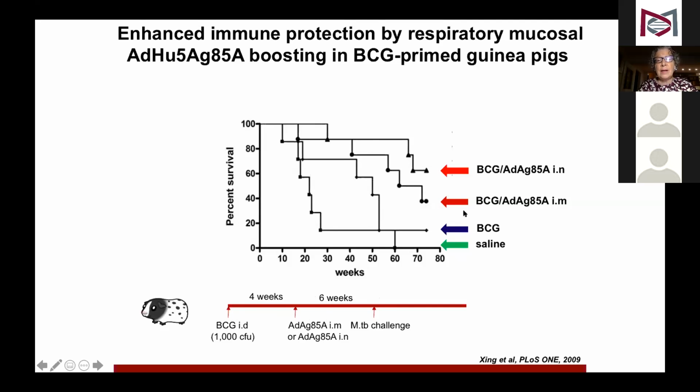So here we're looking at an efficacy model with challenge with Mycobacterium tuberculosis. And you can see that survival is greatest with the group that received BCG, followed by the intranasal administration of adenovirus vector as compared to the IM one.